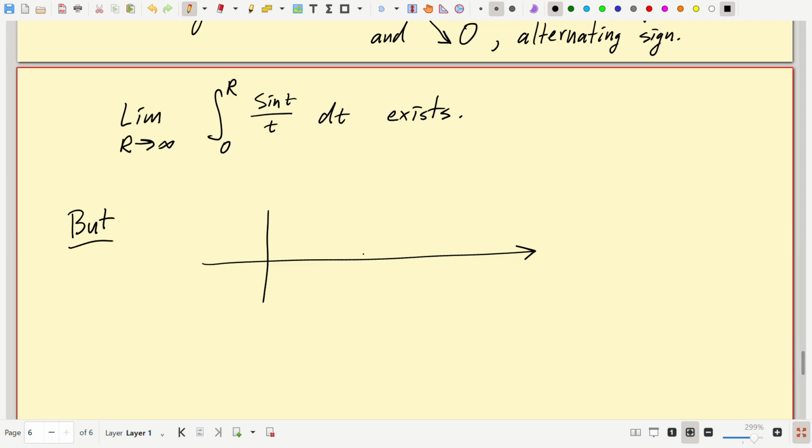So I'll be out here someplace far away, between n pi and n plus 1 pi. Sine vanishes at multiples of pi. So I'll take the absolute value of sine t, and that's just one hump of the sine curve.